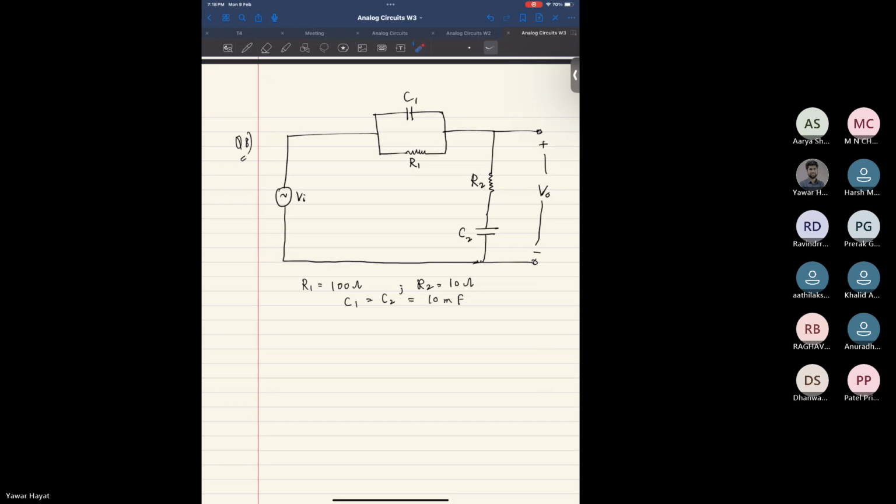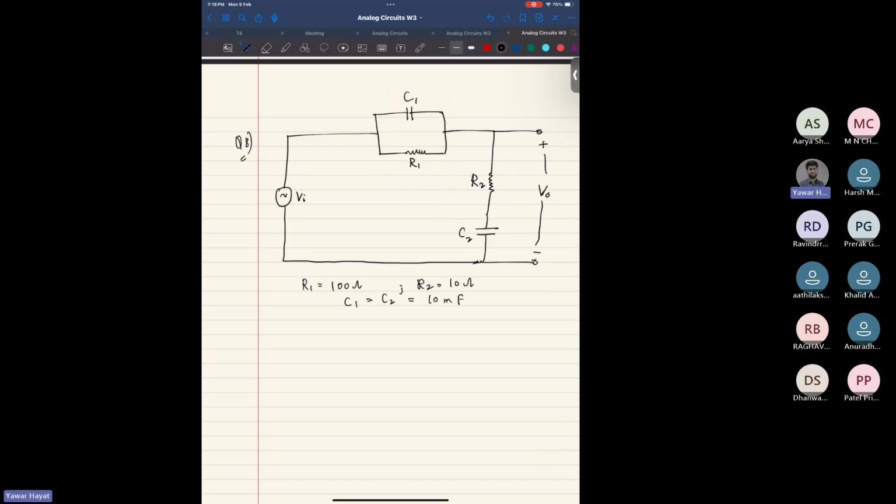This plus this, these impedances are in series, they will add up, right? And then it would be this and this in series, and these two are in parallel.